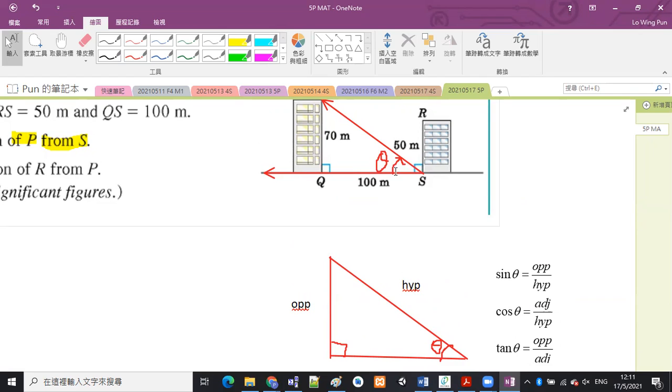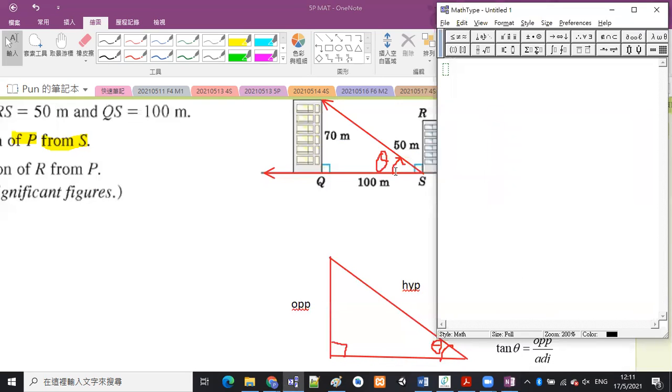Which one should I use to set up the equation, sine, cosine, or tangent? If we want to use sine, we need to know the hypotenuse. Do we have the hypotenuse? No. So we have the opposite side and adjacent side, so we need to use tangent theta to set up the equation.